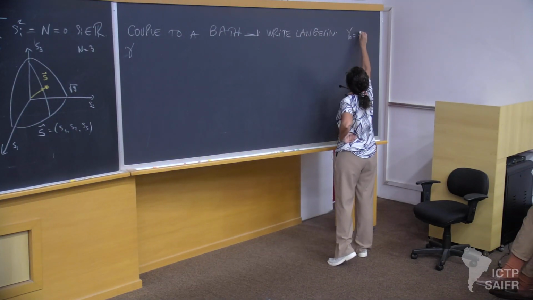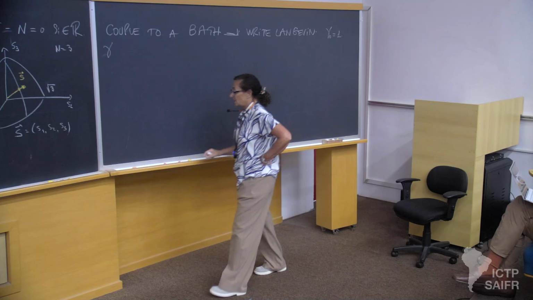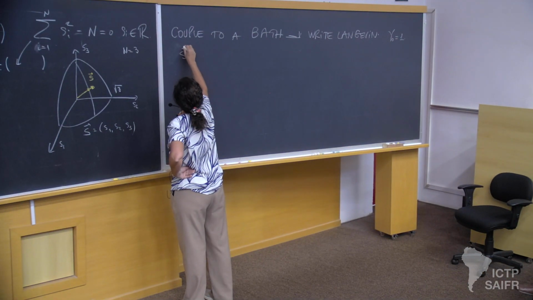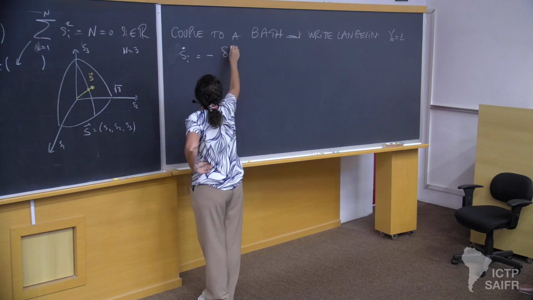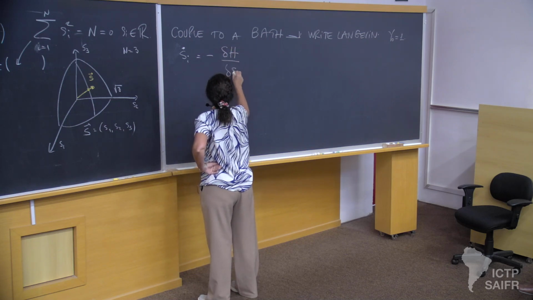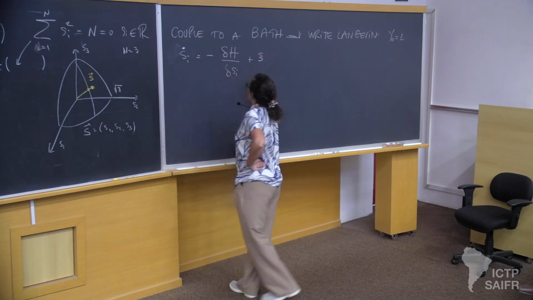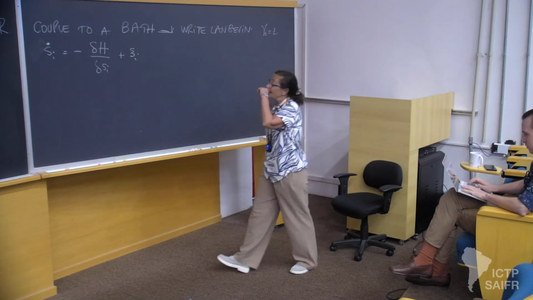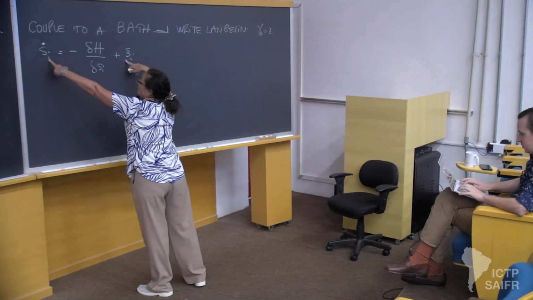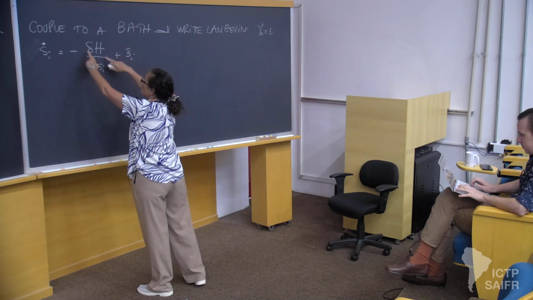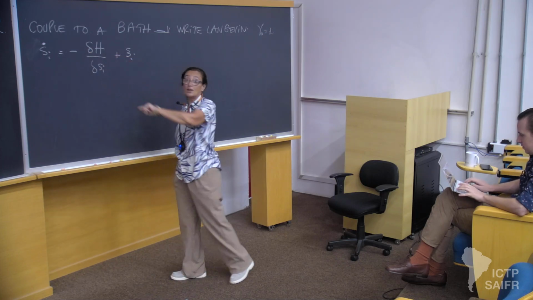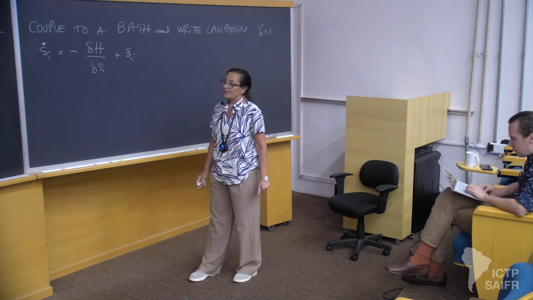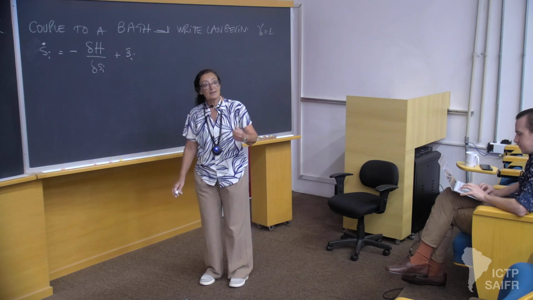Let's say that I set gamma naught to 1 to make notation simpler. And then my equations are just that. So I have a noise, and I have a friction for each variable, and I have a force on each variable that comes from the Hamiltonian, which is over there. Okay. Now, to complete the definition, yes?